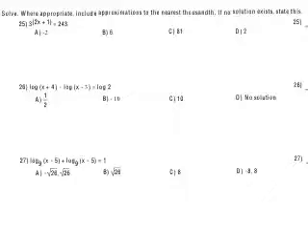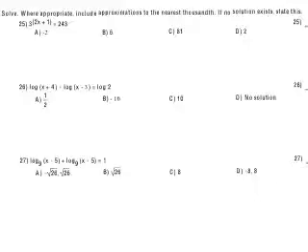So number 25. It says, where appropriate, include approximations to the nearest thousandth. If no solution exists, state this. And so this is an exponential equation. We're going to solve this exponential equation, if we can, by having the same base with 2 different exponents. I'll show you what I mean.